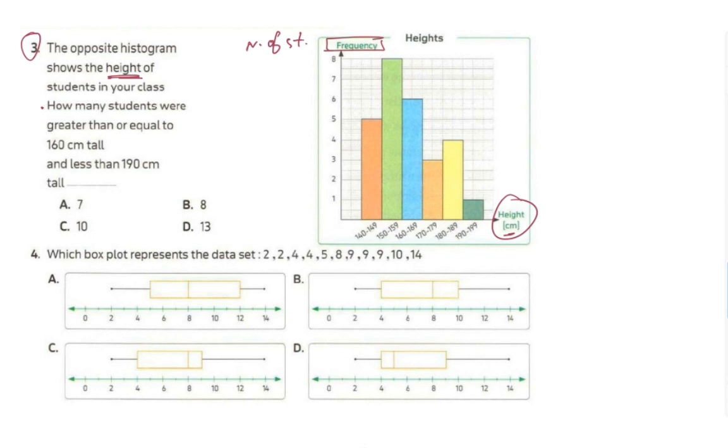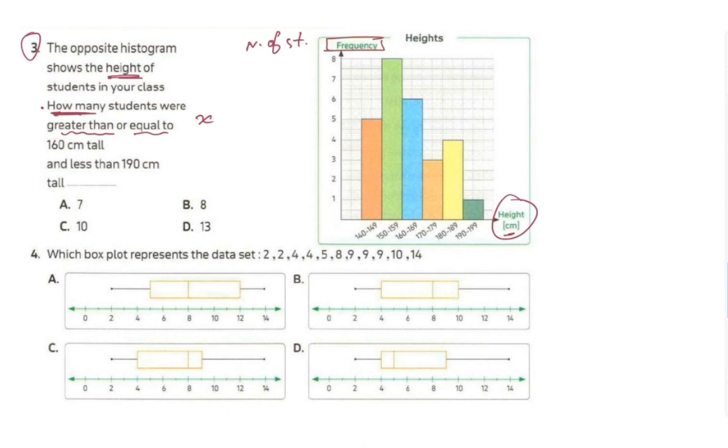Now the question is, how many students were greater than or equal to 106 centimeters tall? So maybe the number of students is x as a variable, something I don't know.